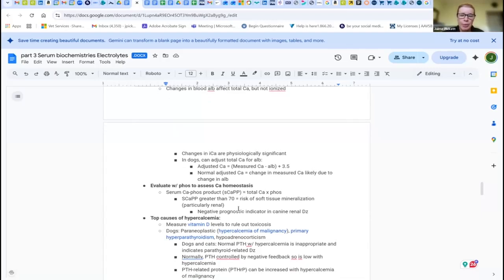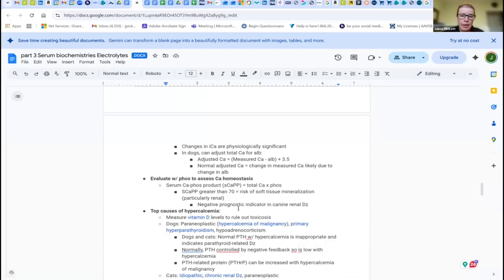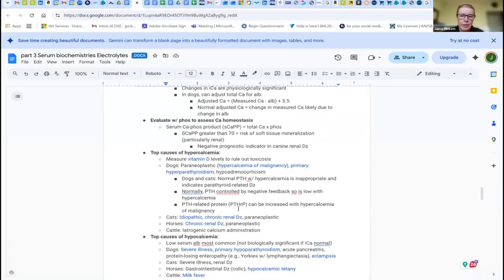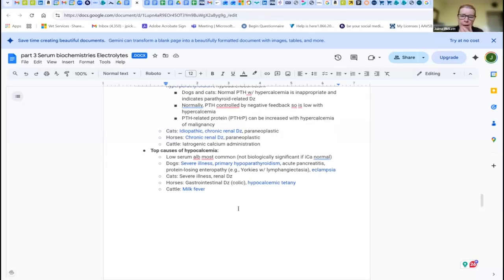Now looking at hypocalcemia. Low albumin is the most common cause, and not clinically significant if the ionized calcium is fine. So remember, ionized calcium is key.